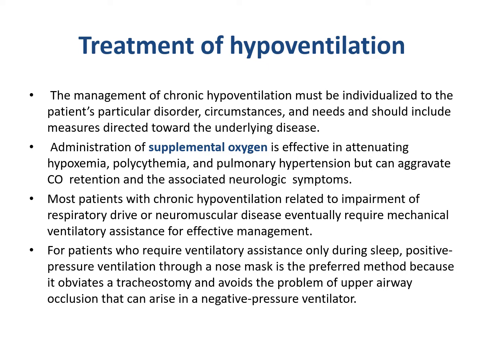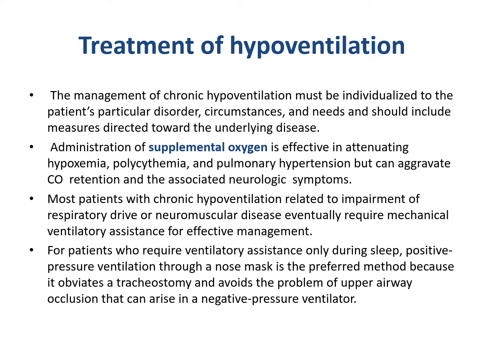The management of chronic hypoventilation must be individualized to the patient's particular disorder, circumstances, and needs, and should include measures directed toward the underlying disease. Administration of supplemental oxygen is effective in attenuating hypoxemia, polycythemia, and pulmonary hypertension, but can aggravate CO2 retention and the associated neurologic symptoms.